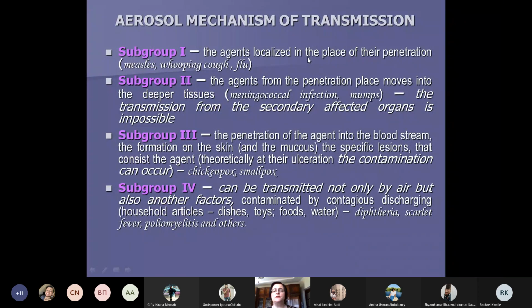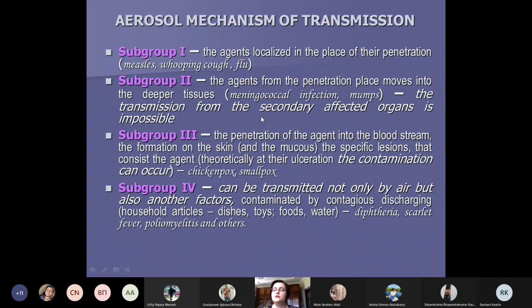Subgroup 1, the agents localized in the place of their penetration. It will be during measles, whooping cough, and flu exactly. Subgroup 2, the agents can move from the penetration place into deeper tissues. During meningococcal infection it can lead to meningococcemia, a very serious generalized process. Mumps can involve not only salivary glands, but also the pancreas and other reticuloendothelial system organs.